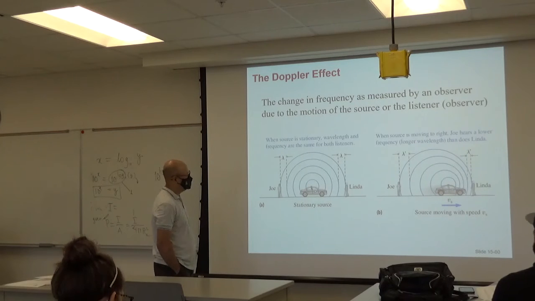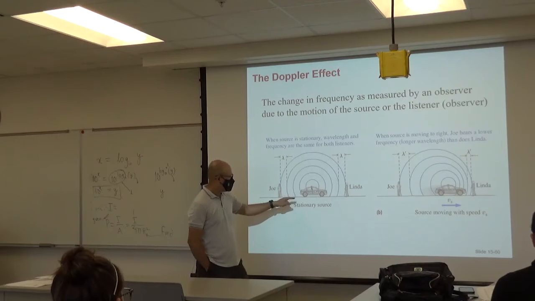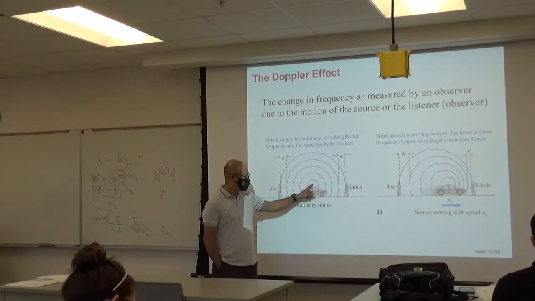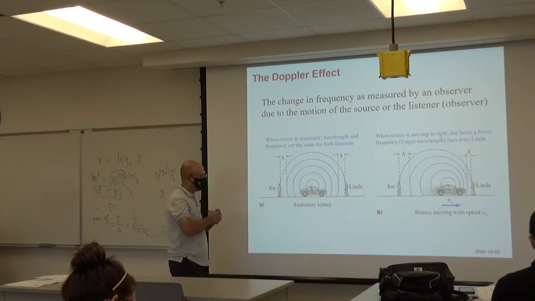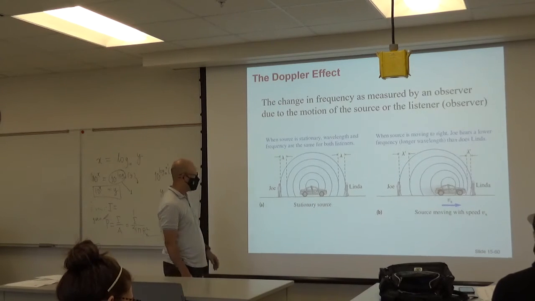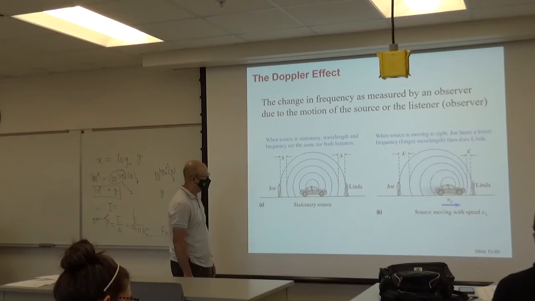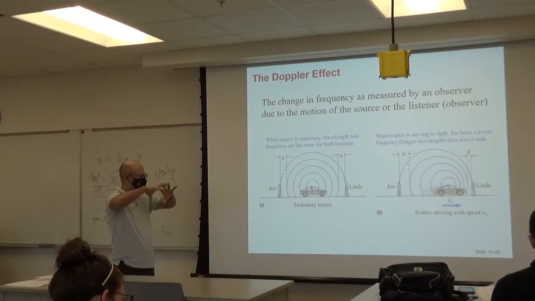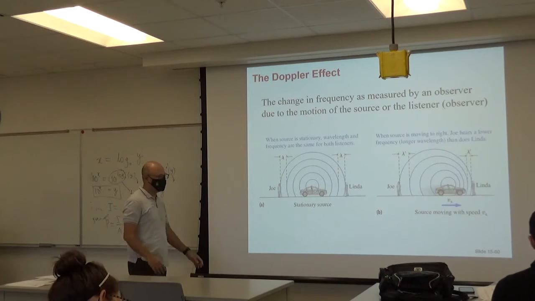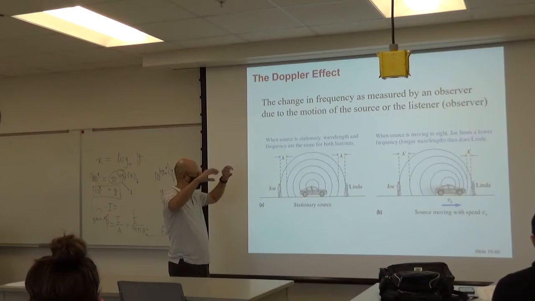Now, to explain this phenomenon, we can use this representation. When a source of sound, this police car, produces some sound, it is spread in the form of wavefronts. We talked about wavefronts last time. Wavefronts are spheres.